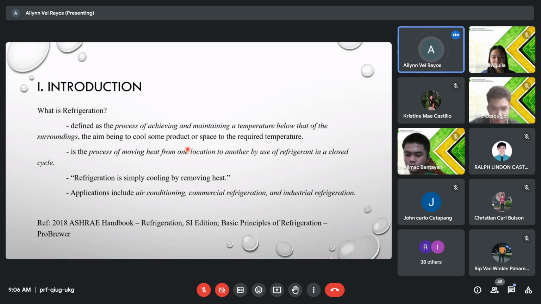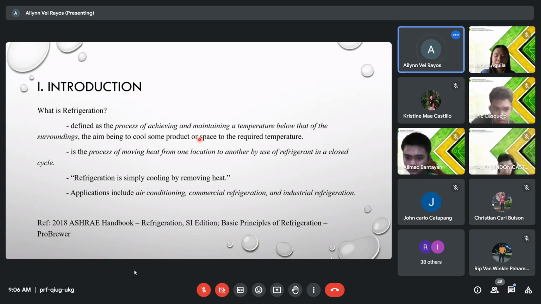Okay, so for us to easily understand the difference between the two, this is the definition we will use for refrigeration. Again, when we say refrigeration, it is a process of achieving and maintaining a temperature below that of the surroundings. For example, our surrounding temperature is the ambient temperature, so if we use refrigeration, the temperature will be below ambient temperature.